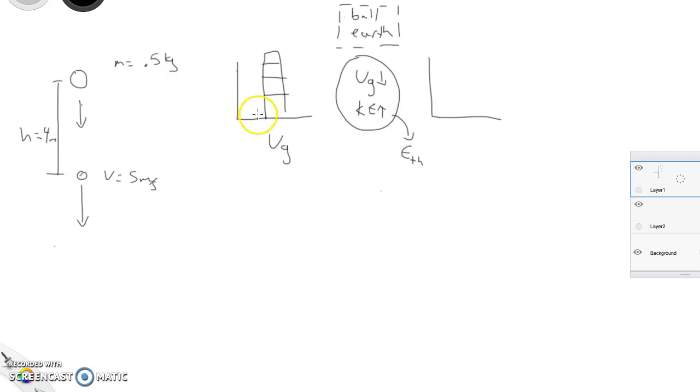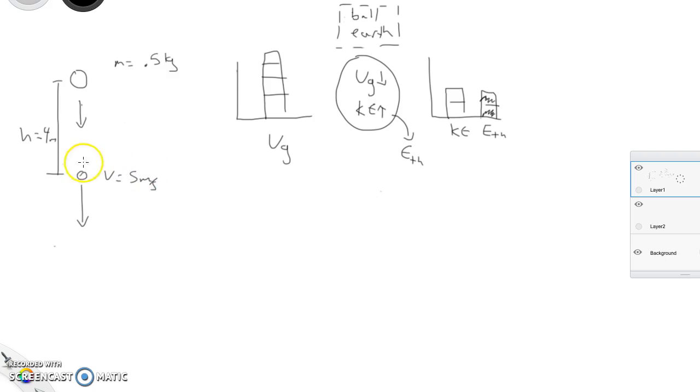So if we started with 4 boxes of gravitational potential energy, maybe we only ended up with 2 boxes of kinetic energy. And the rest of it was lost forever in the form of thermal energy. I'm going to shade this in to show that's energy that can't be gotten back. So this is energy that's been lost to thermal energy, causing the environment, the area around the ball, to warm up.